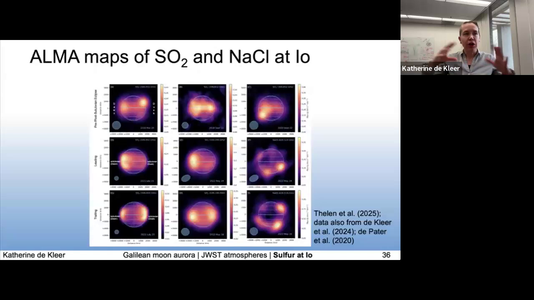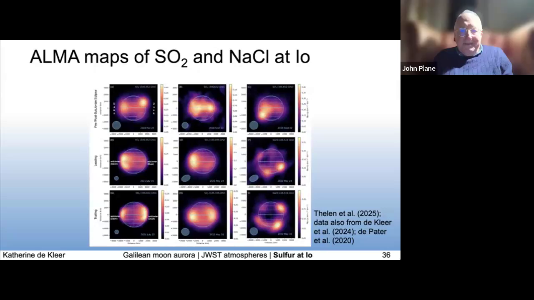The large-scale sodium structure is observed easily out to hundreds of Jovian radii and can be monitored and shows quite a lot of variability. So there have been these multi-wavelength campaigns, monitoring the oxygen ions, the sodium ions, the sulfur ions and the sodium atoms, all in these really large scale structures. Okay, thank you.